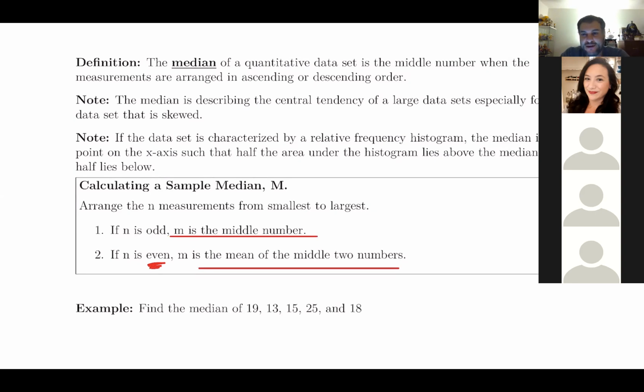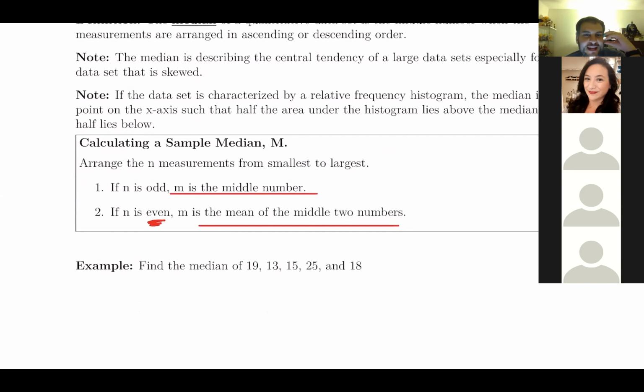All right. So let's go ahead and do our very first problem for the median. If you look at this data set, we have 19, 13, 15, 25, and 18. You can't just say, hey, 15 is in the middle, that's our median. That would be completely wrong.